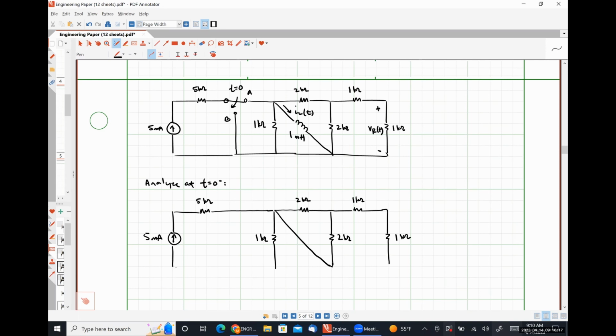Short circuit here is representing our inductor because at DC steady state, an inductor behaves like a short circuit. Here is IL of 0 minus. Here is VR of 0 minus.